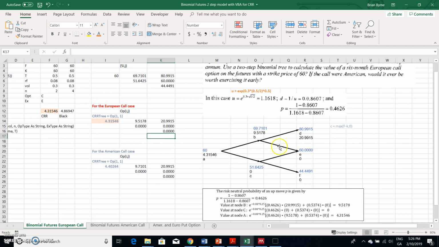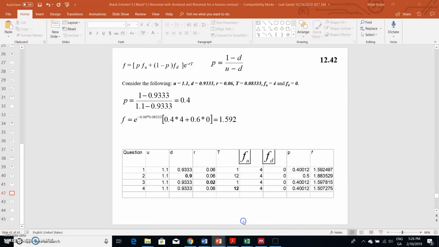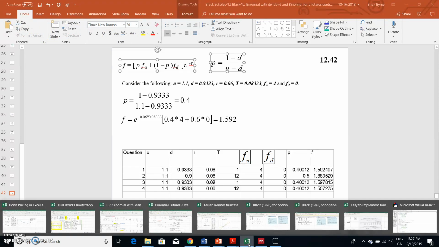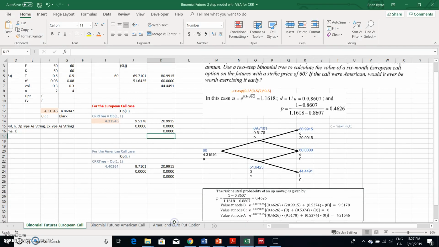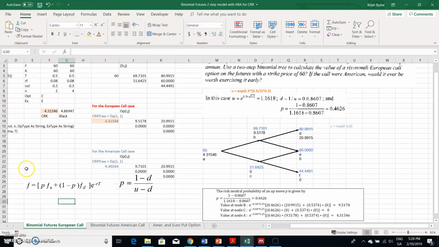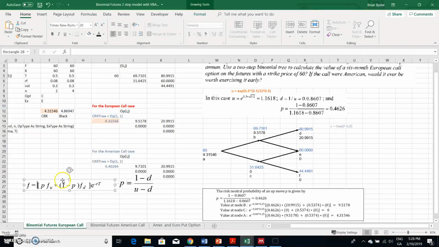Going back to our formula for a moment, the formula that we use for backward recursion is F. In fact, I might take these two, copy them, go back into our worksheet, and put them in here just to note.